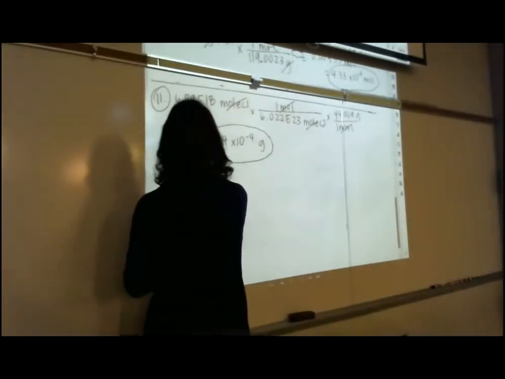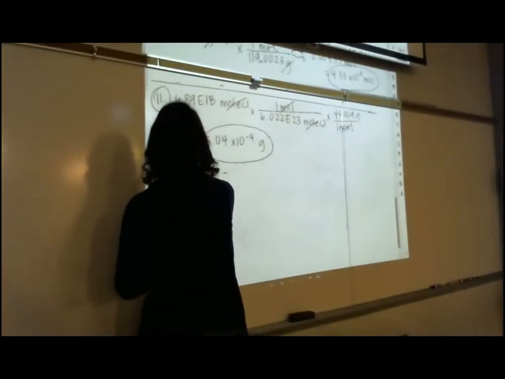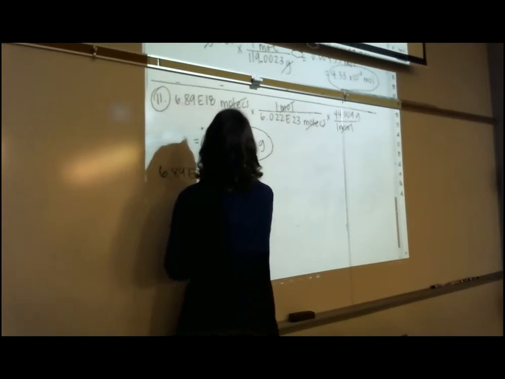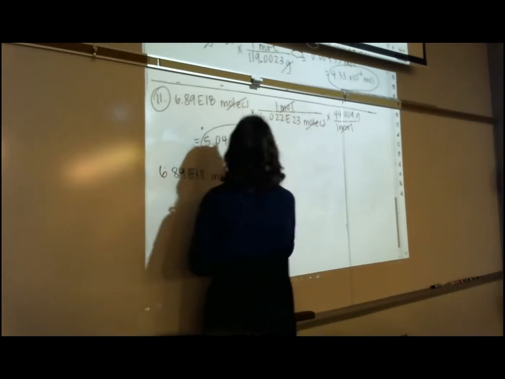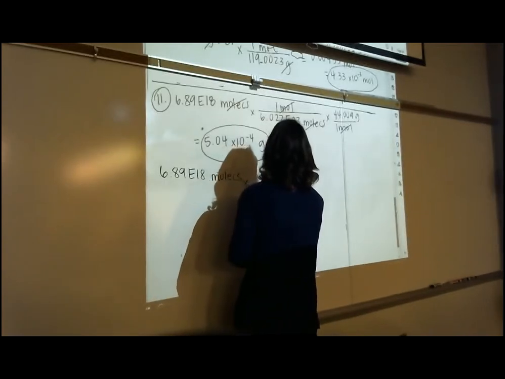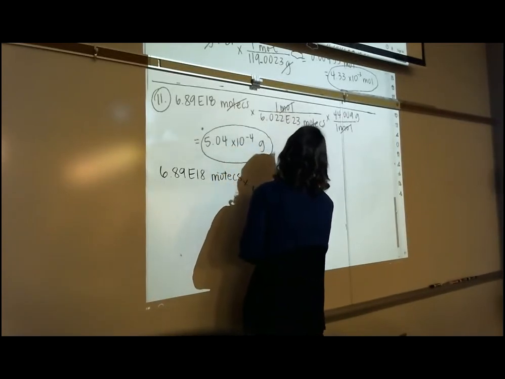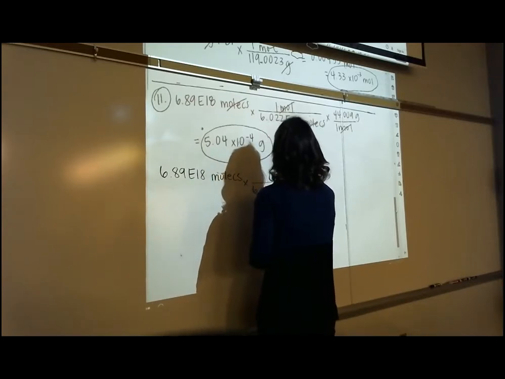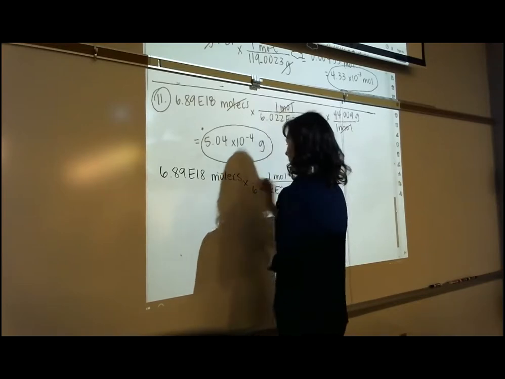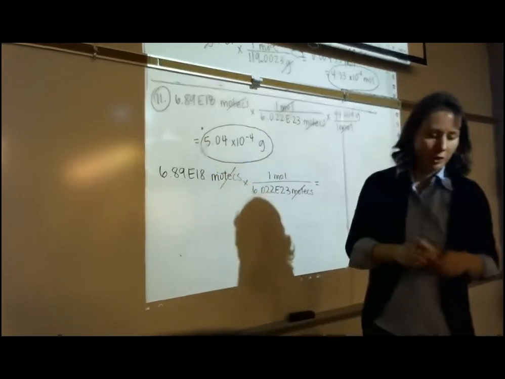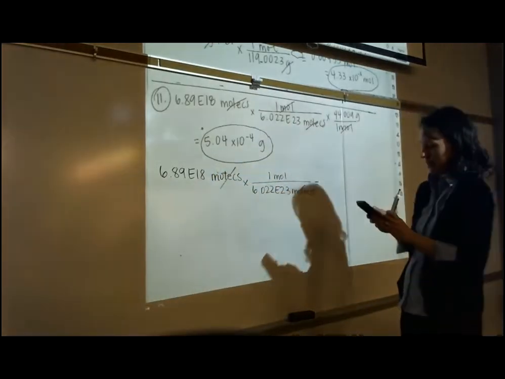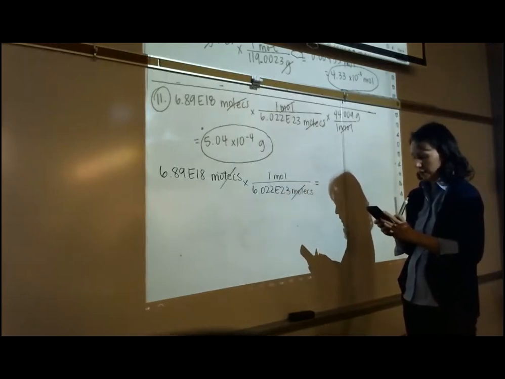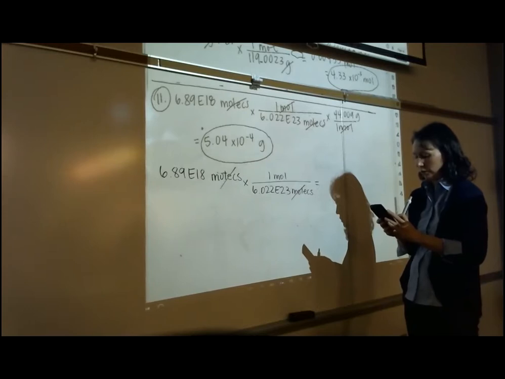So if you're doing it as 2 steps, it would be 6.89 times 10 to the 18th molecules times 1 mole per 6.022 times 10 to the 23rd molecules. So you're just stopping after step 1. When you do it that way, you'd say 6.89 times 10 to the 18th divided by 6.022 times 10 to the 23rd.